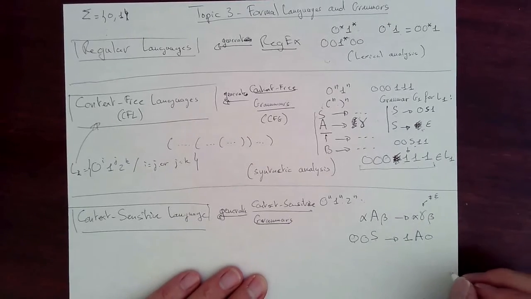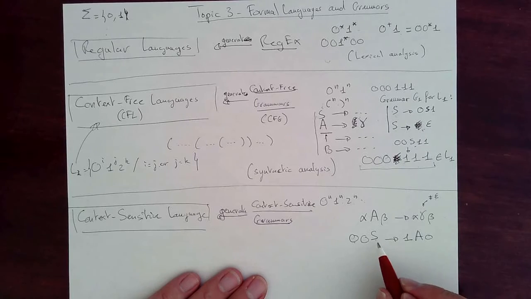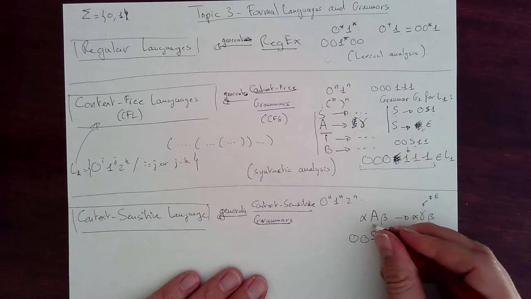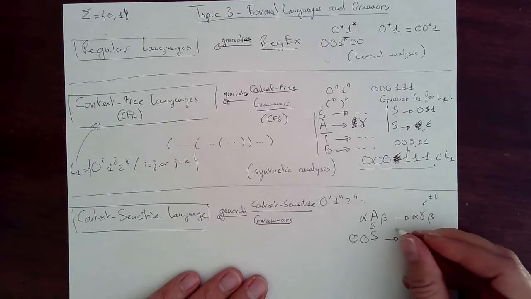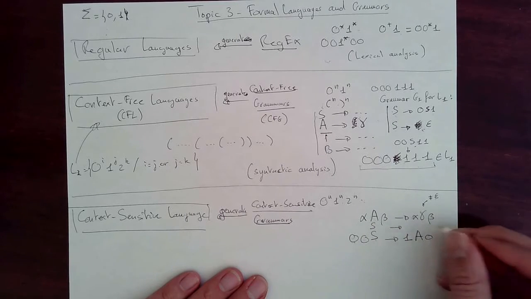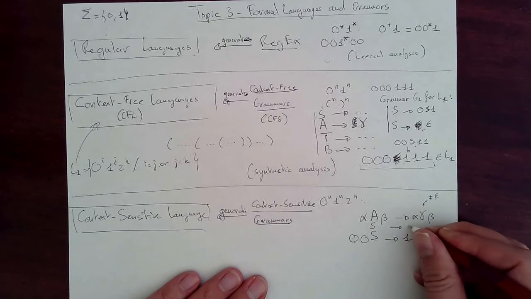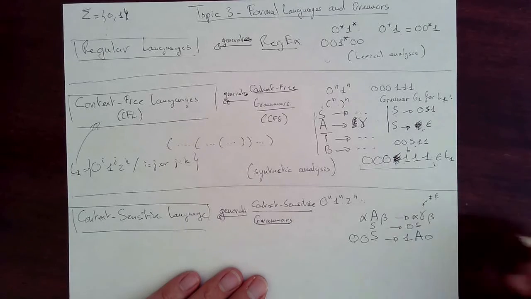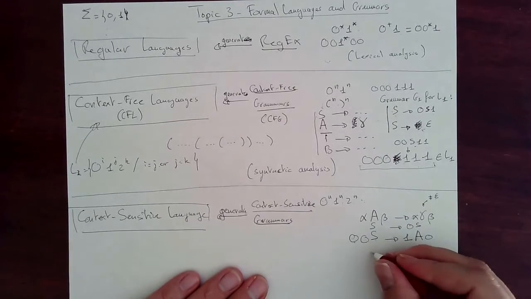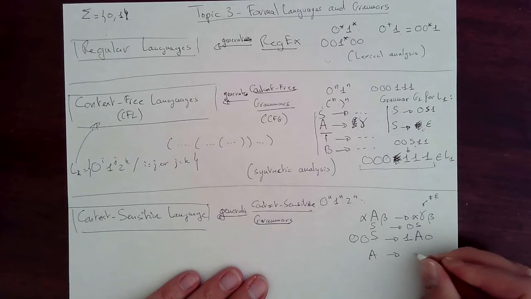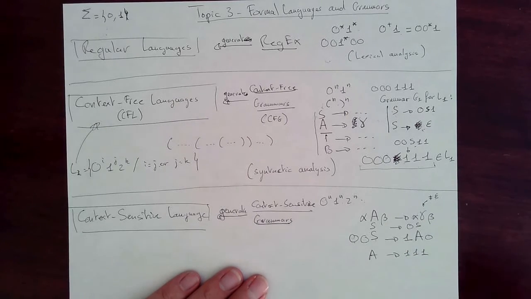Okay, I replace this whole string by 1A0. So I should always have my start variable S, rule 0S, and then let's say A is going to be a 1, 1, 1, and that's the terminal.